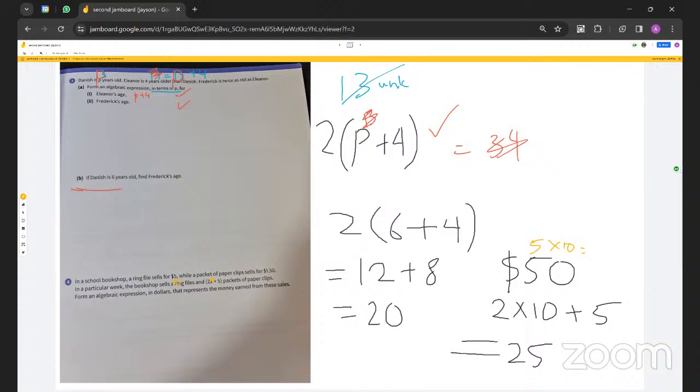Okay, what is this 25? Tell me. Paper clips. Oh dear. Okay, wait, Jason, my bad. Yeah, my bad. 1.5. Where did I put it? Okay, hold on.